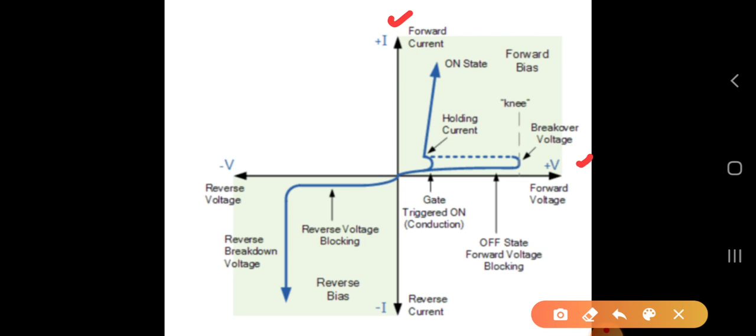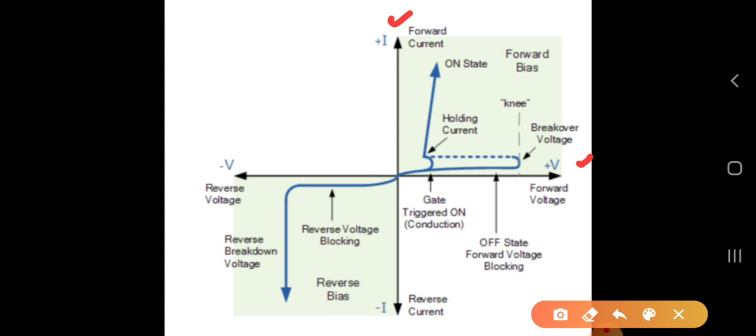What happens when your SCR is under the forward characteristics? When the anode is positive with respect to the cathode, this connection will make the SCR forward biased.